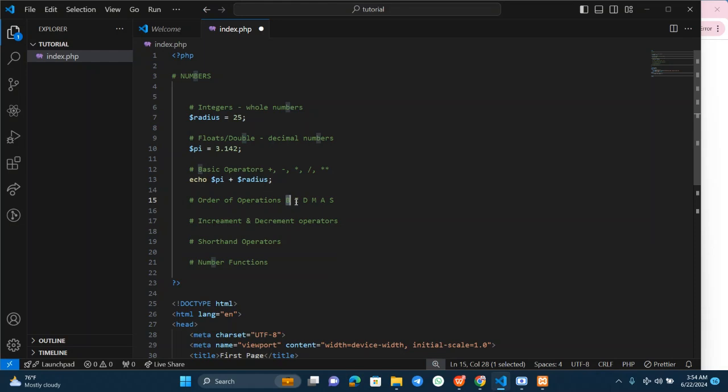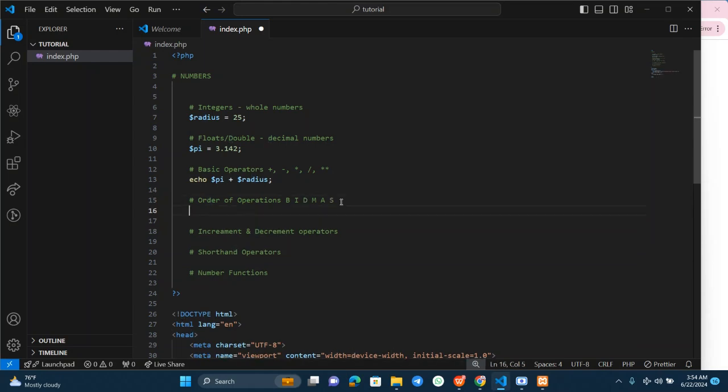That is the order. And then I represents indices. Indices is something raised to the power of something, like 2 times 10 raised to the power 2. That's what is going to be solved next. And then we have division, then multiplication, then addition, then subtraction. We are all conversant with this, but let's take note of it again.